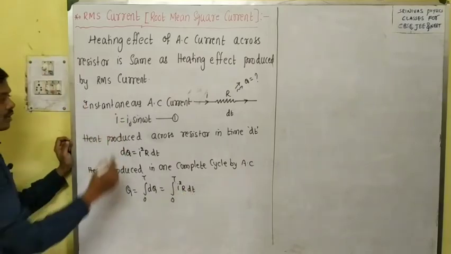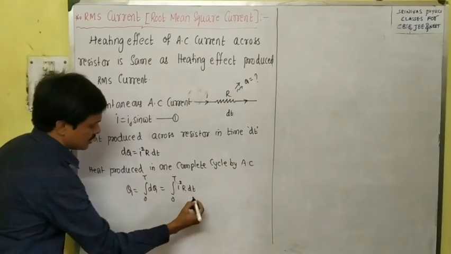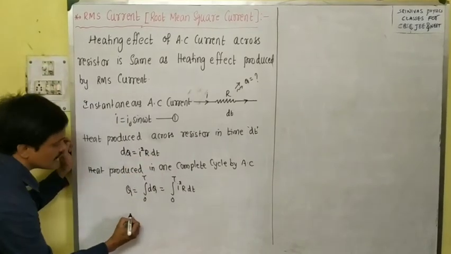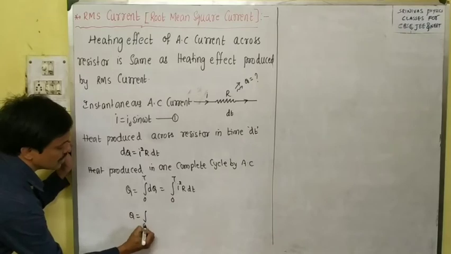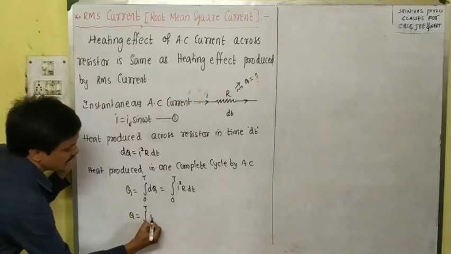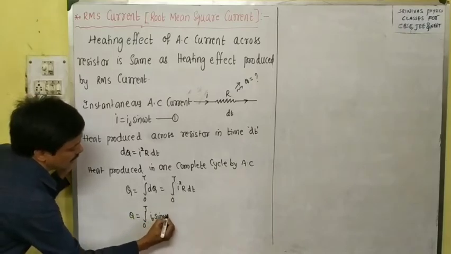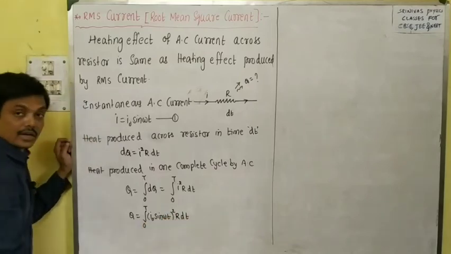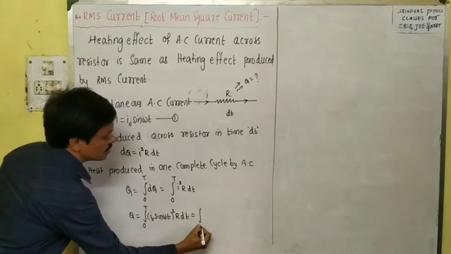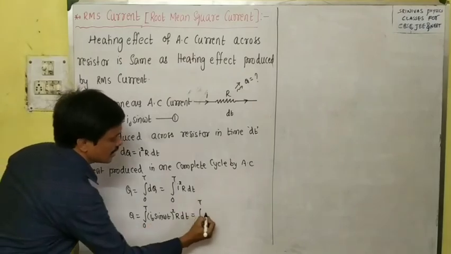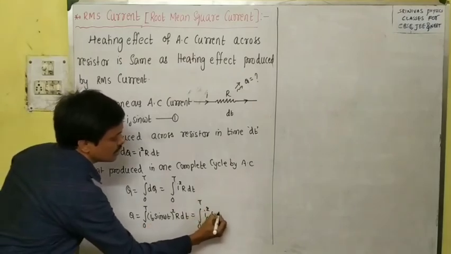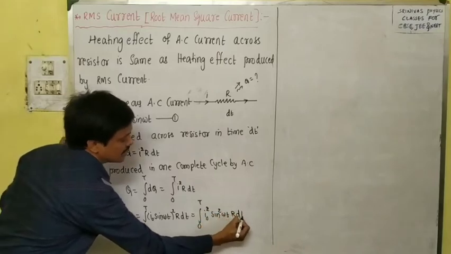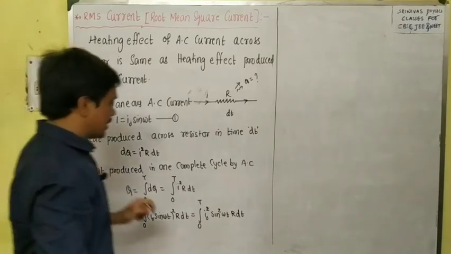That is integration 0 to T, dq we write as I square R dt. But from equation 1 we write I as I naught sin omega t. So here we write 0 to T, I we write as I naught sin omega t whole square into R dt. Squaring, this is I naught square sin square omega t dt R dt.